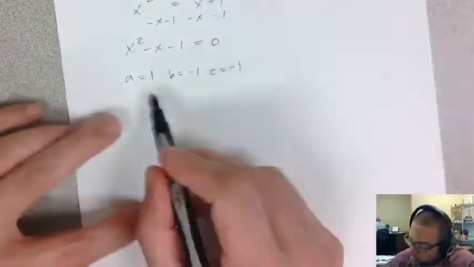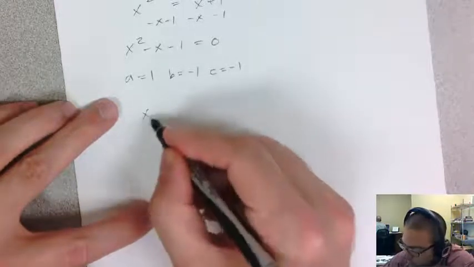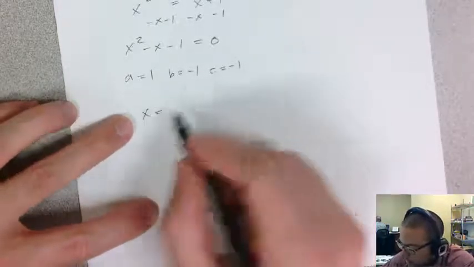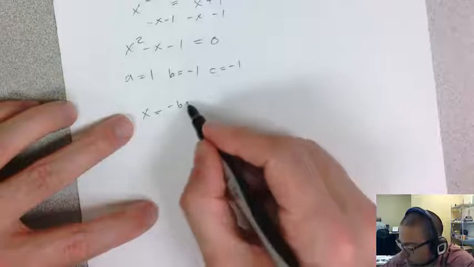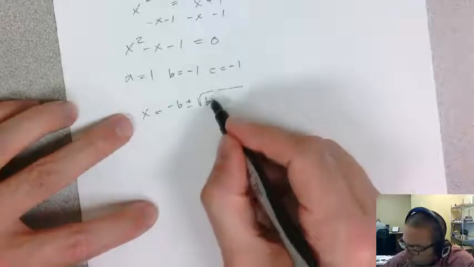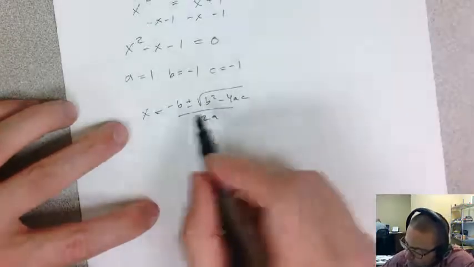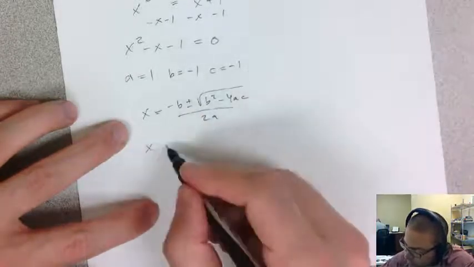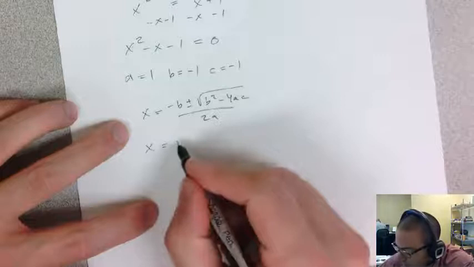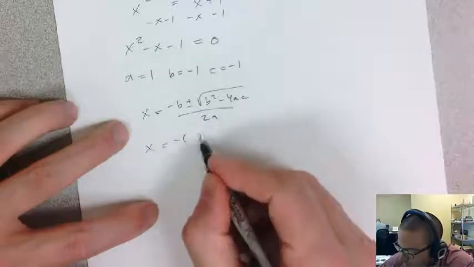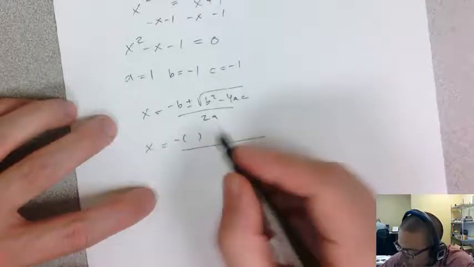Alright, so I'm ready to plug this into the quadratic formula that we came up with. So x is equal to negative b plus or minus the square root of b squared minus 4ac, all over 2a. So I'm going to fill in all these values. What I like to do is put little parenthesis placeholders for all of these so that I get all my signs correct.